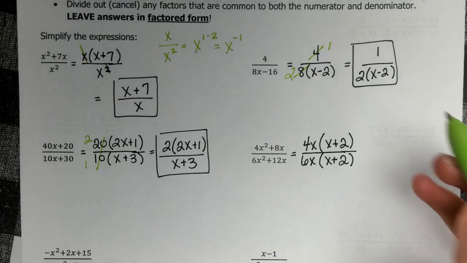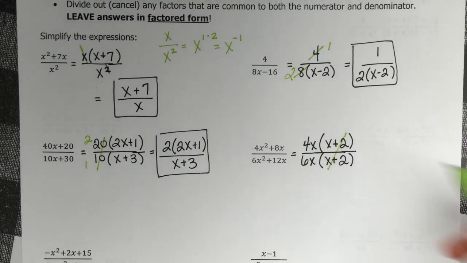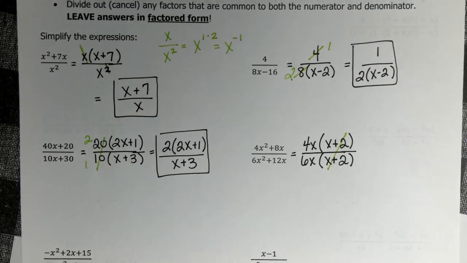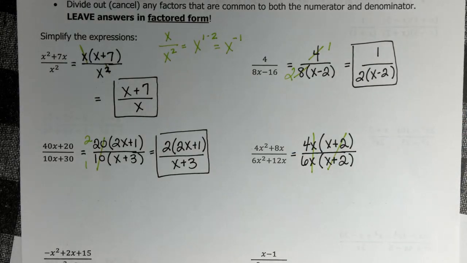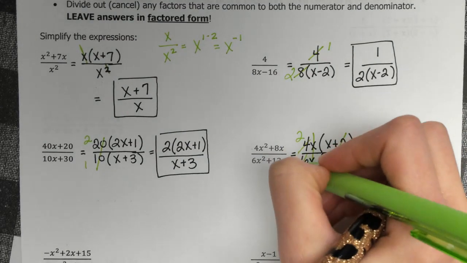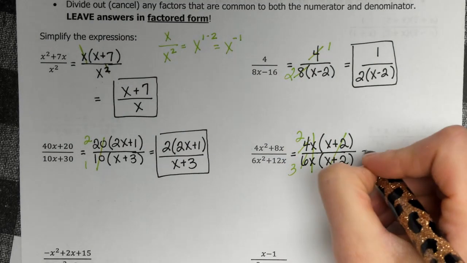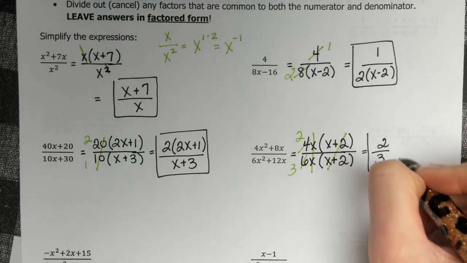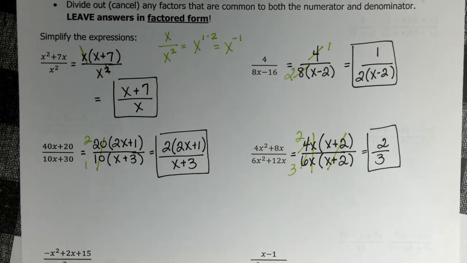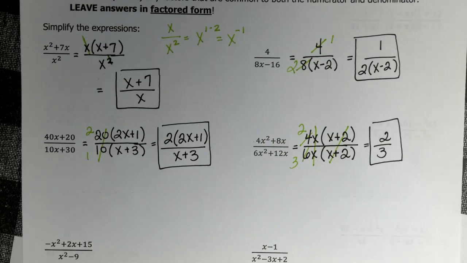So I can completely take out that x plus 2 because that same binomial is in the numerator and denominator. Okay, and I can take out x and x. Okay, and then what is 4 over 6 simplify to? 2 over 3. So all I'm left with is 2 over 3. Okay.